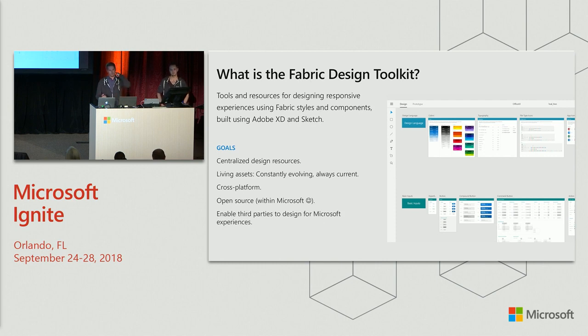This allows all the teams to be up to date and always on the current specs. Again, there's consistency between what the designers are doing and what the developers are doing. It's cross-platform, so on the design side, that's a little bit more within the context of Microsoft, but we definitely want to get feedback on these design resources, and you can reach out to us and give your input on our GitHub project.